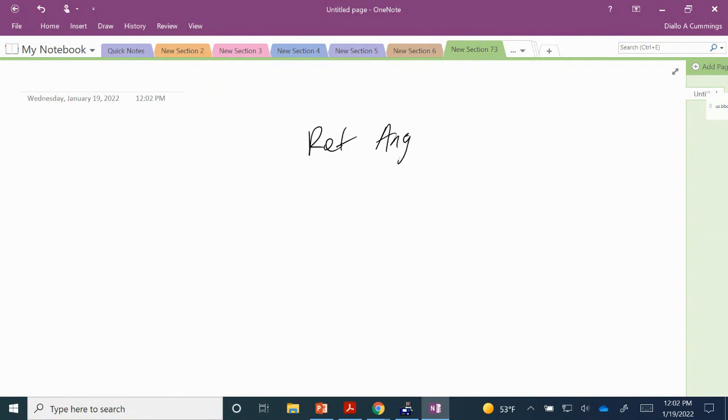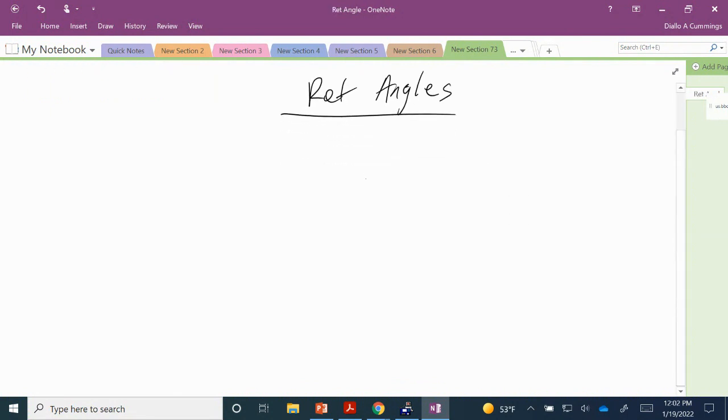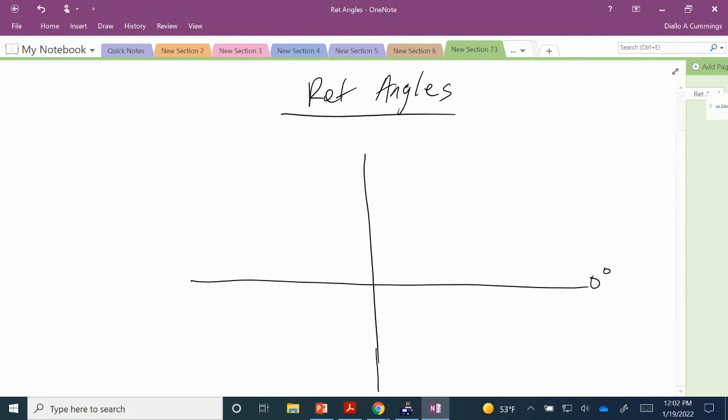Okay, so for the reference angles chart, right here we have 0 degrees. So keep in mind that a reference angle is a positive acute angle, so I'm only going to reference the positive angle. So we have 0 degrees, 90 degrees, and 90 degrees is pi over 2 radians.